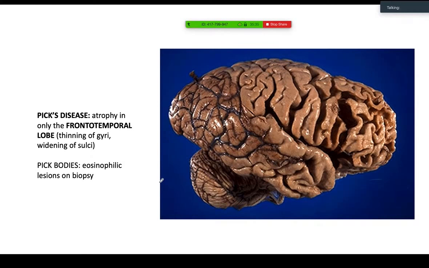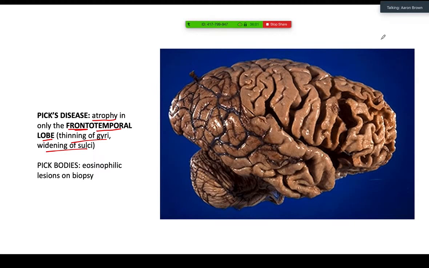Now Pick's disease is something that we need to be able to differentiate from Alzheimer's disease. What we see in Pick's disease is atrophy. Just like we saw in Alzheimer's, thinning of gyri, widening of sulci. However, in Pick's disease, we see that pathology only in the frontal and temporal lobe.